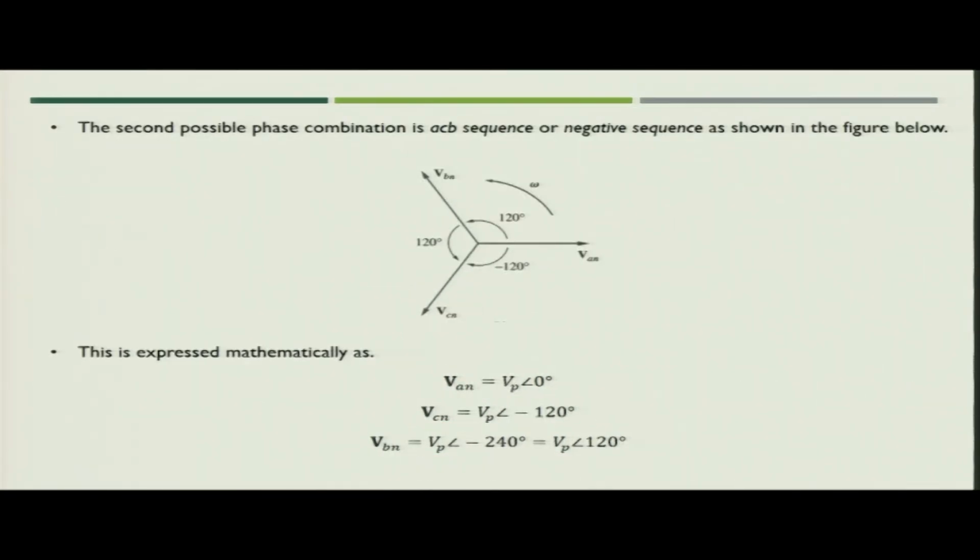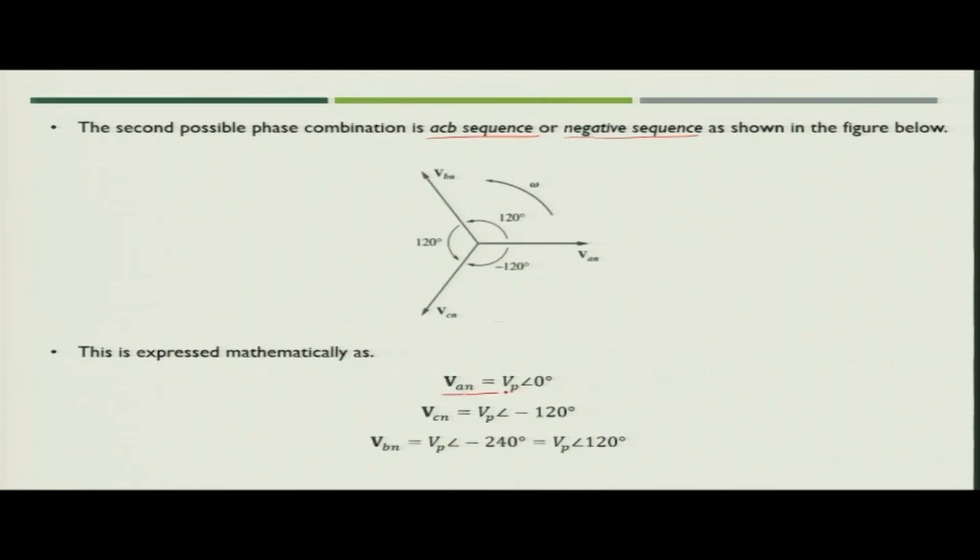Now, the next possible combination is the ACB sequence, which is called a negative sequence. In that case, your reference phasor VAN is leading VCN by 120 degree, and VCN is leading VBN by another 120 degree.